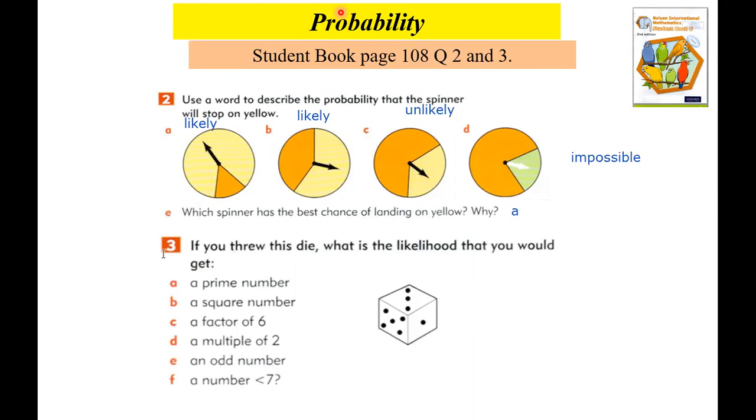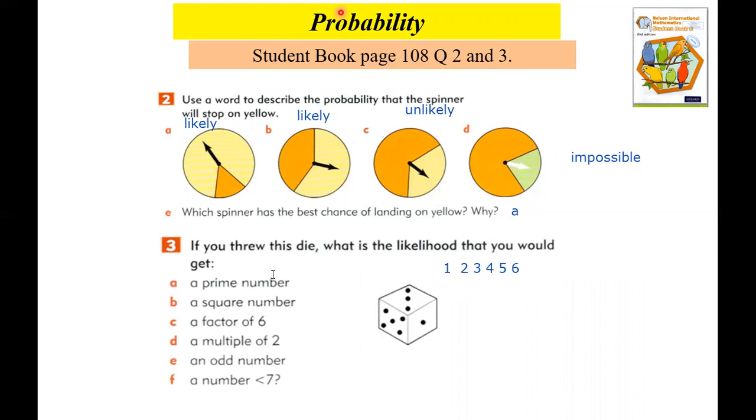Now let's go to question 3. If you threw this die, what is the likelihood that you would get? Okay, let's write all the numbers in the die. We have 1, 2, 3, 4, 5, 6.